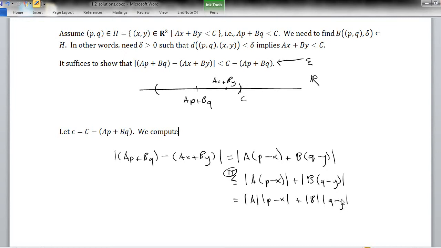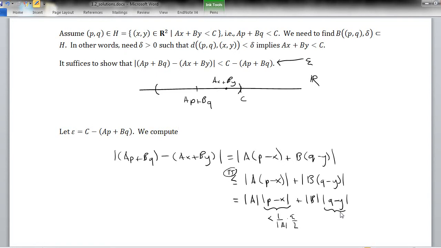Good. Now, remember, we need this left side up here to be less than this constant epsilon, whatever epsilon is. And so to make that happen, we could force each of these summands here to be less than epsilon over 2. And we know that'll happen if we can ensure that absolute value p minus x is less than, well, 1 over absolute value of a times epsilon over 2.